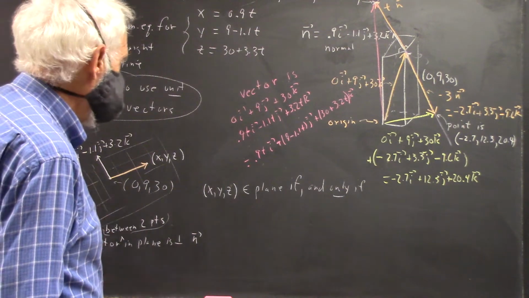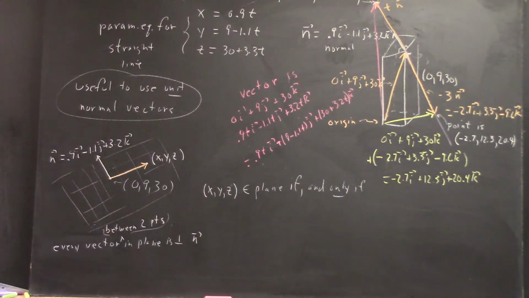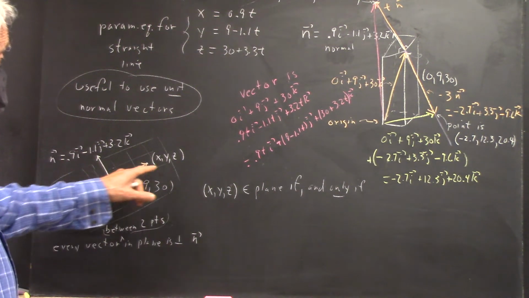Now, how would we write the orange vector? What are the components of the orange vector? Can you write them down? It goes from 0, 9, 30 to x, y, z.